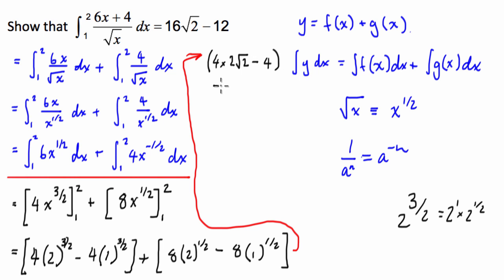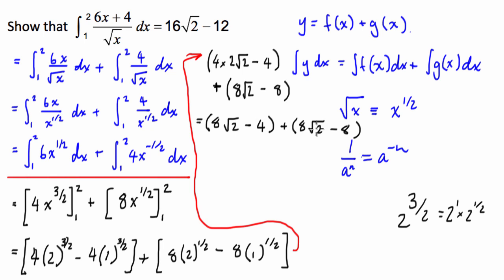And then this is plus, 2 to the half is just square root 2, minus 8. Cool. So let's do that multiplication there, and we're left with 4 times 2 is 8 square root 2, minus 4, plus 8 square root 2 minus 8.